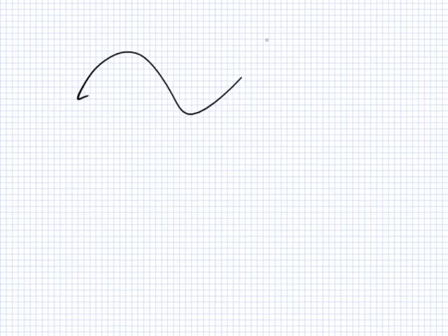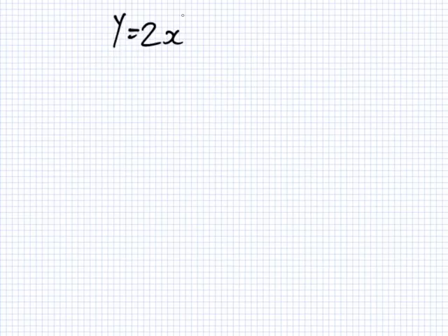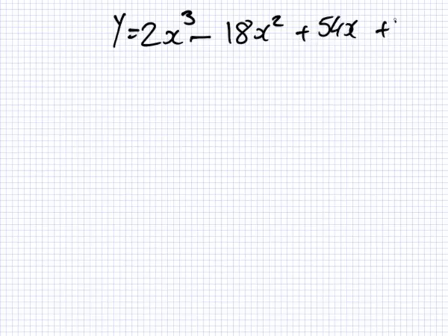There should be 2, a maximum and a minimum. Okay. Y equals 2x cubed minus 18x squared plus 54x plus 30.